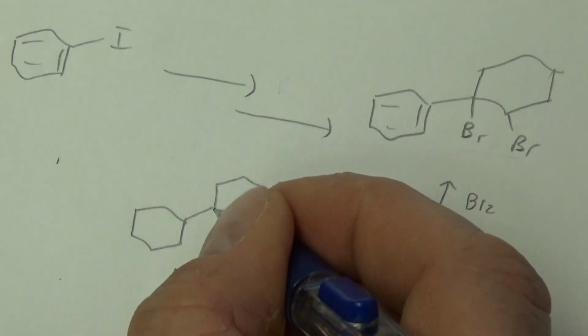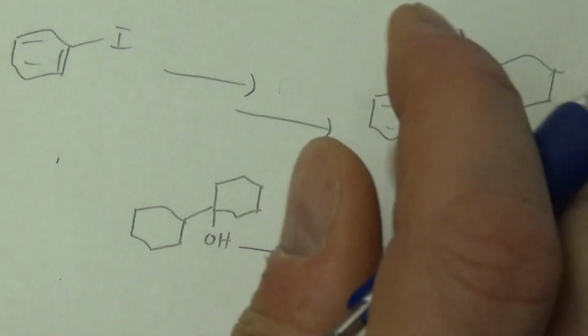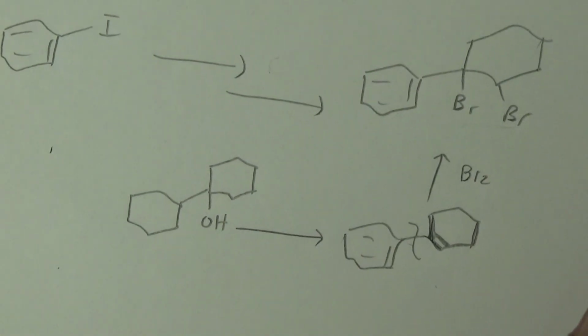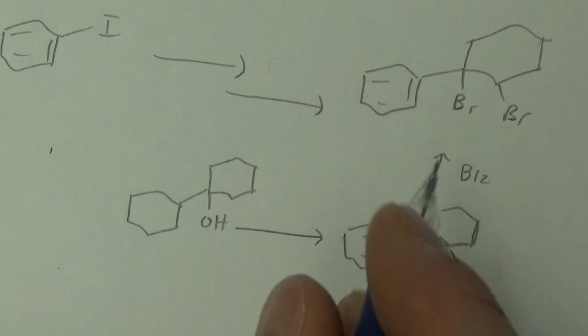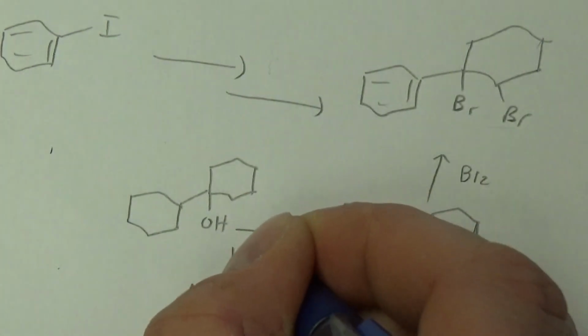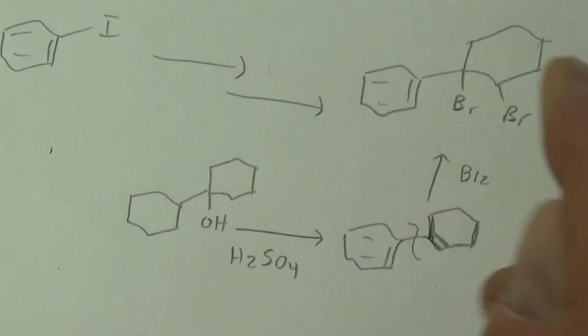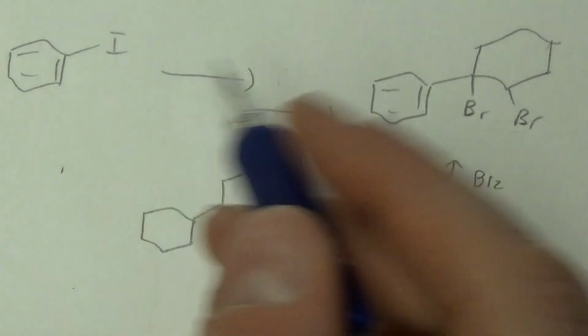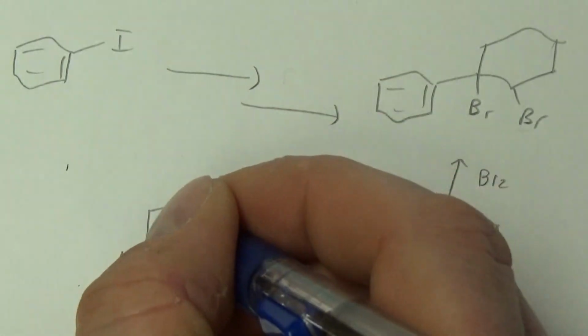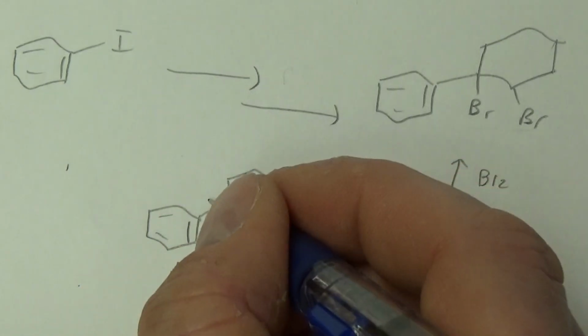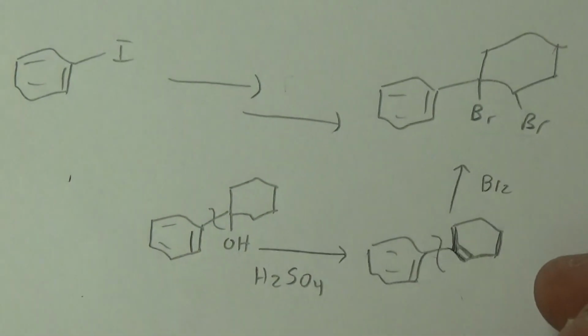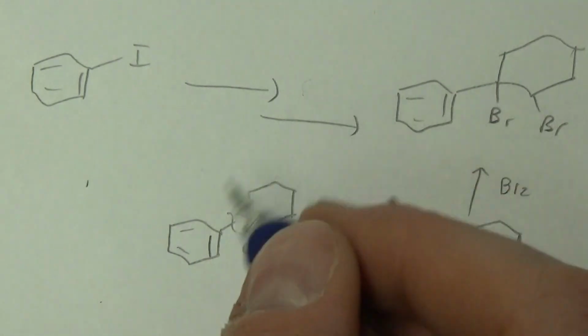We can make an alkene from an alcohol. How? It's a non-nucleophilic acid, so H2SO4. Now we're very close here. All we gotta do is build that bond, and we can do it from a Grignard.